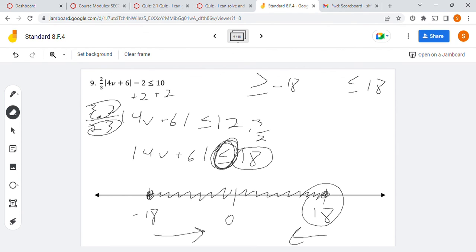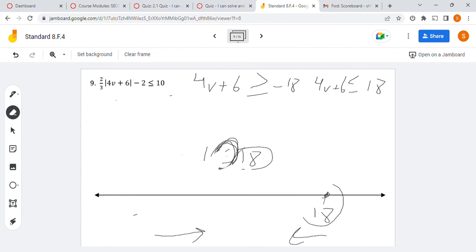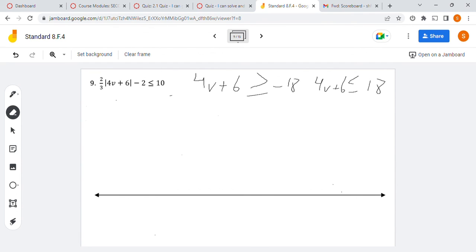Okay, let's clean this up a little bit, because now we've got to take what was in our absolute values here, the 4v plus 6, that is what needs to be greater than and less than. So 4v plus 6 goes in both of those spaces, and we now have it set up like we did before. All right, I'm going to erase this graph because that's not our actual solutions. That just got us set up to do the 2 solutions.